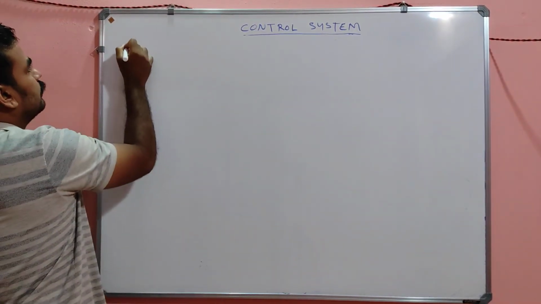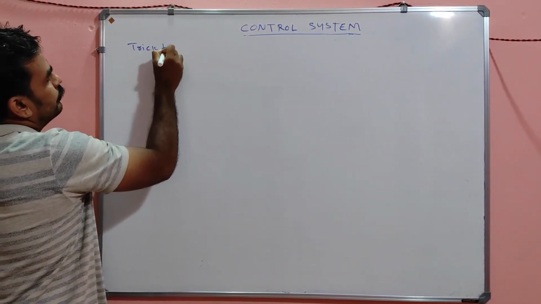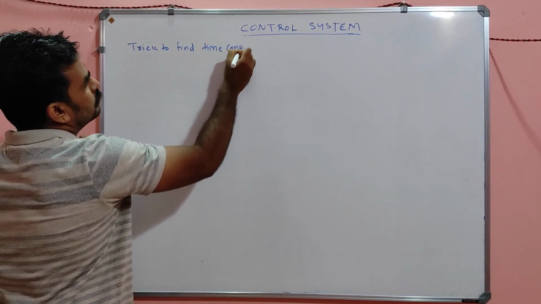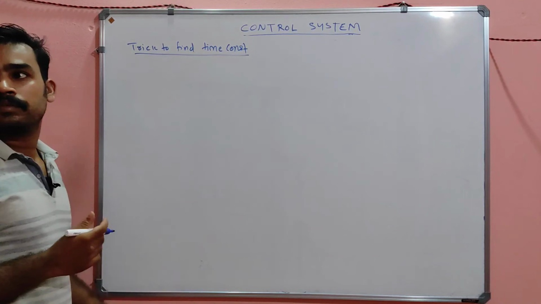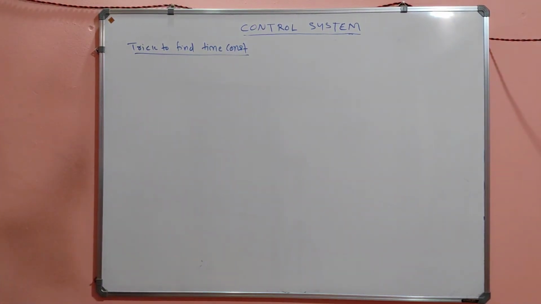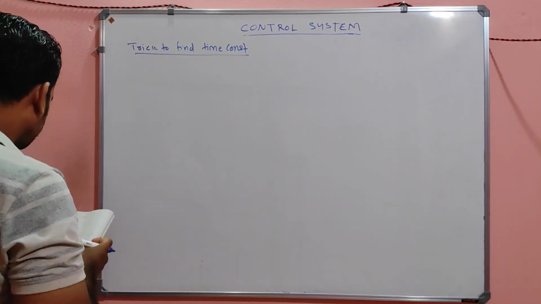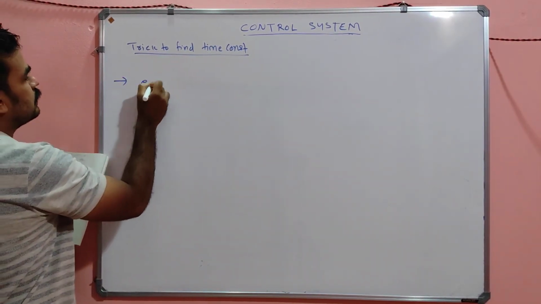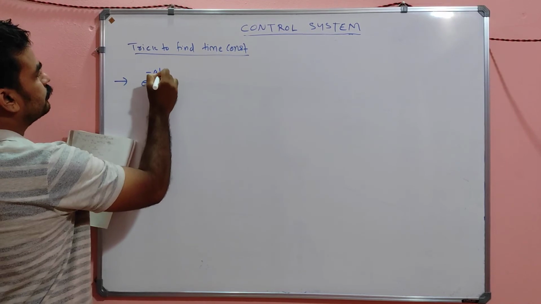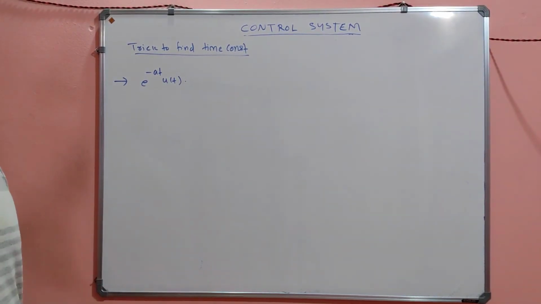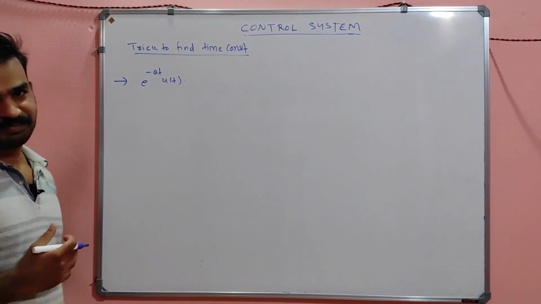Trick to find time constant. See, consider an equation, my dear. What is the time constant of this exponential function?